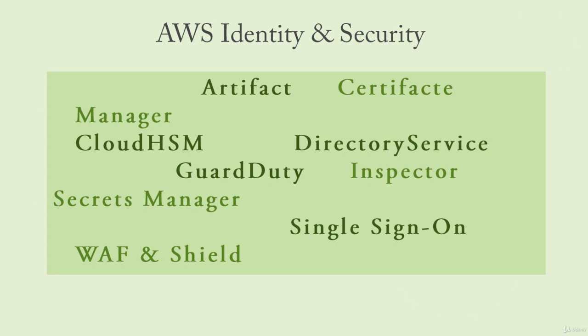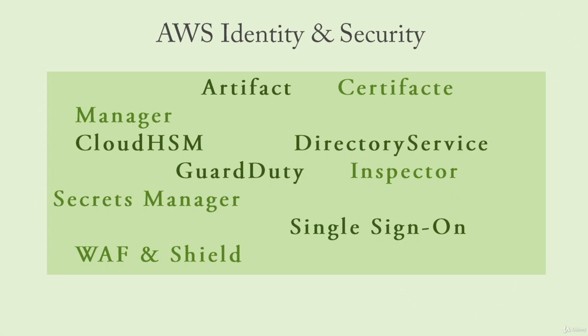So these are the identity and security tools or services available on AWS cloud, using which you could secure everything on the cloud, be it instances from mobile services or web services, Elastic Beanstalk or EC2 instances, S3 storage, or things like that.